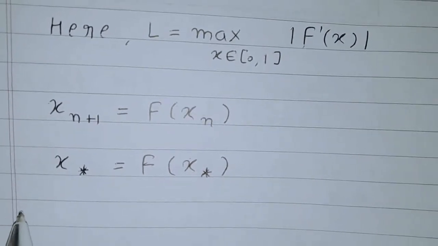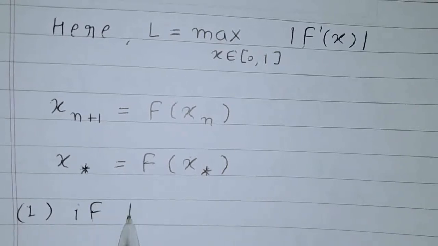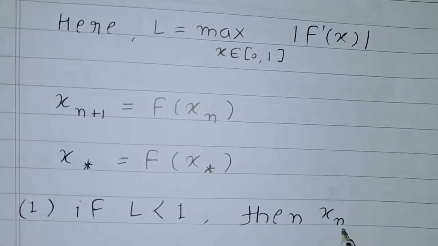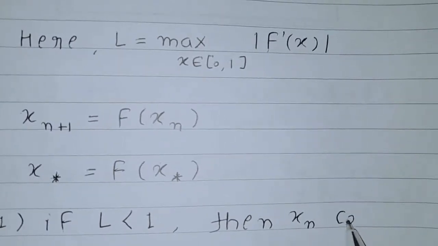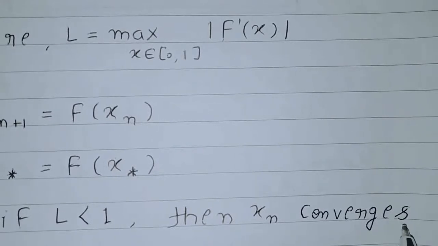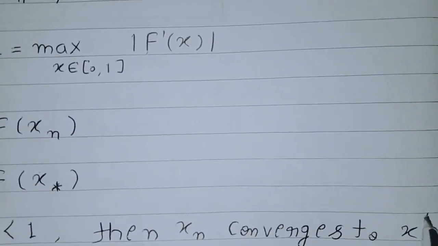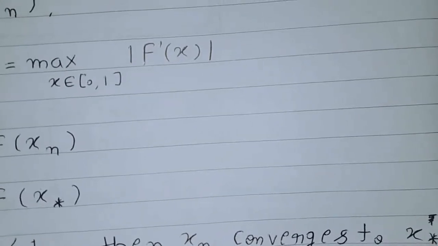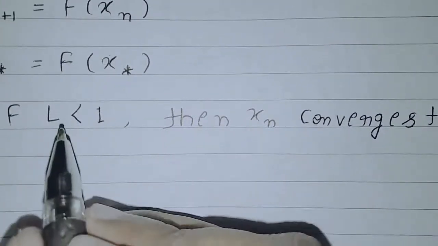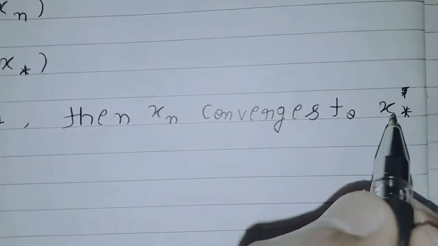Here option number 1 says, if capital L is less than 1, then the sequence of the approximations or iterations xn converges to the value x asterisk.